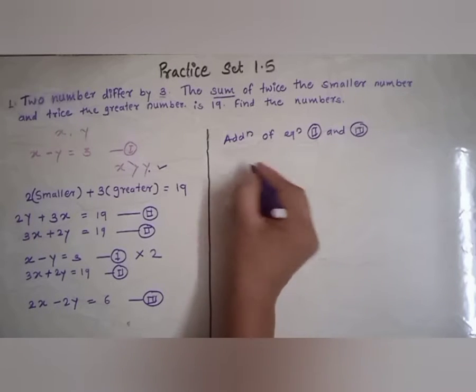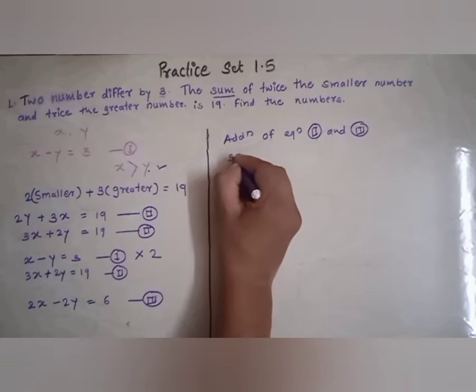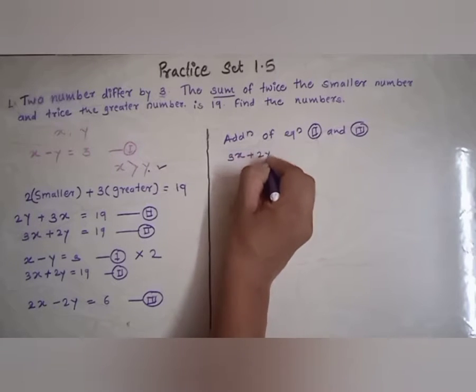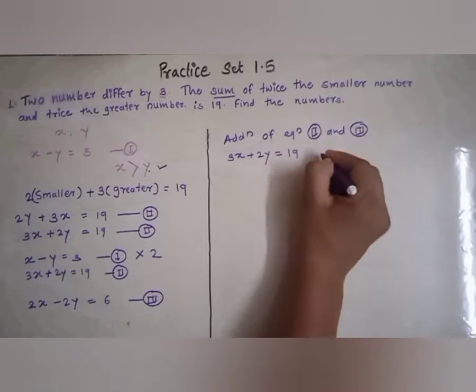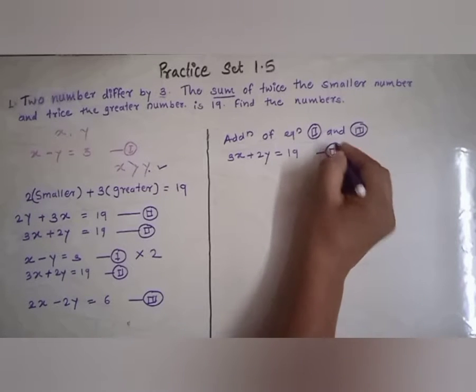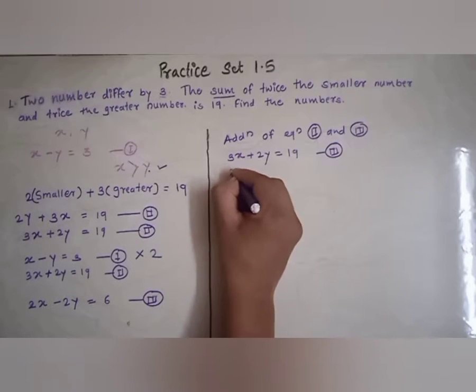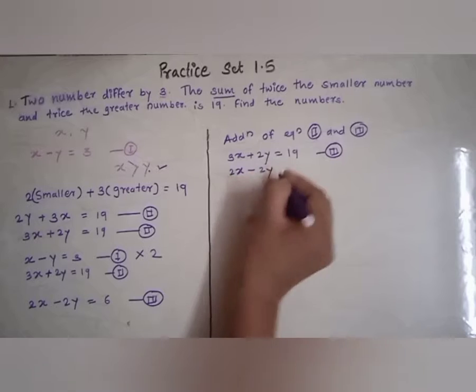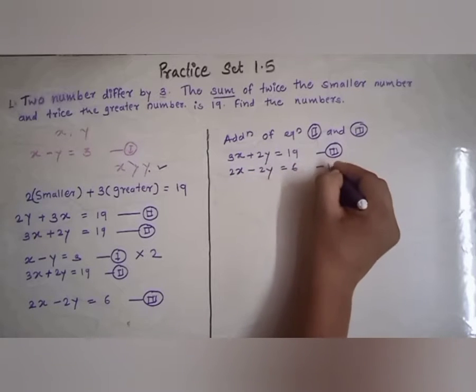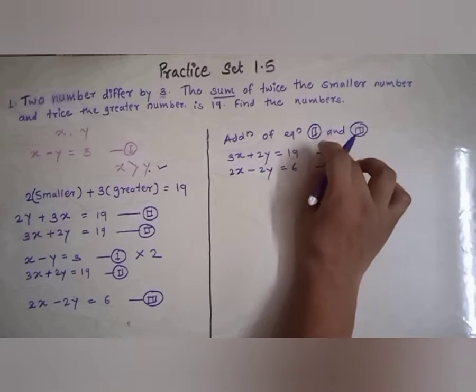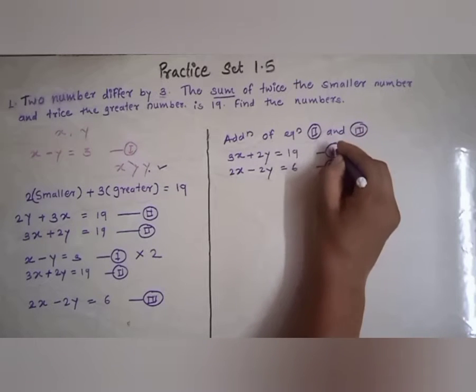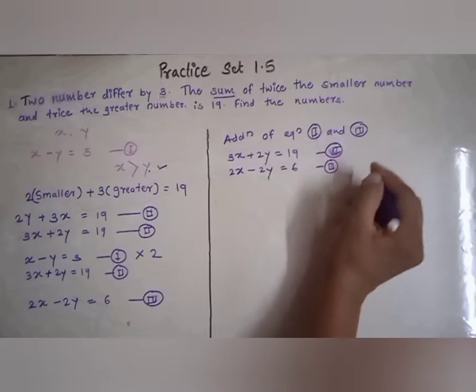Write down the equations: 3x plus 2y equals 19, this is our second equation, and 2x minus 2y is equal to 6, this is our third equation.